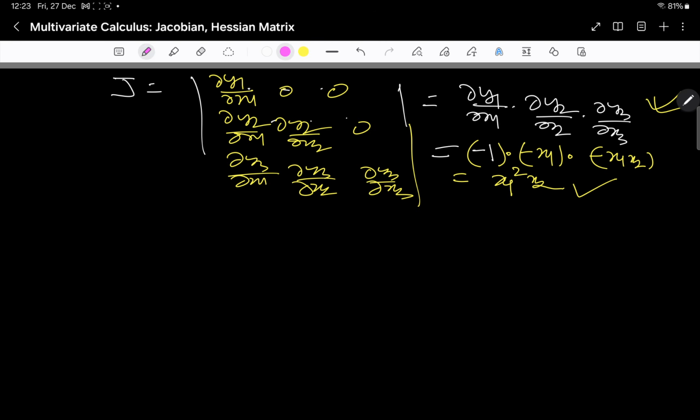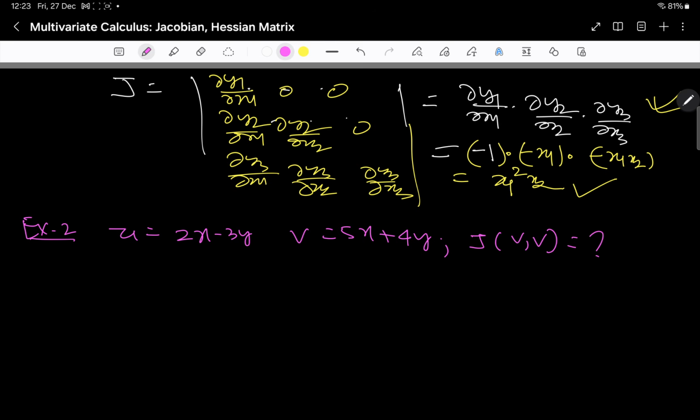Coming to one more example. Suppose you are given u is 2x minus 3y, v is 5x plus 4y, and you are asked to find the Jacobian of u, v. The Jacobian is the determinant of ux uy, vx vy.